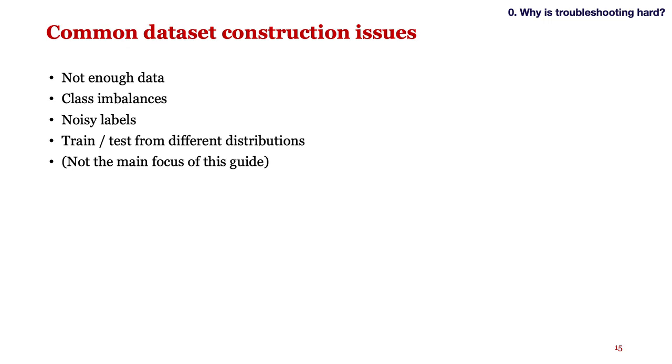So noisy labels are key, and having algorithms that can deal with the noisiness of labels without being completely thrown off by one single mislabeled example is something that is incredibly important in healthcare. The train and test distributions can be very different in terms of the distribution of the data itself. But all of these things about how do you improve the data is not really the focus of this specific lecture.